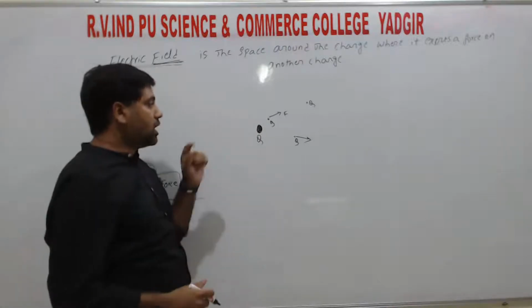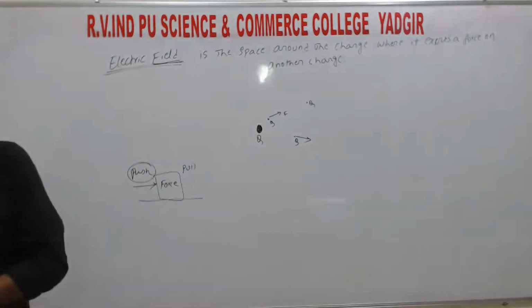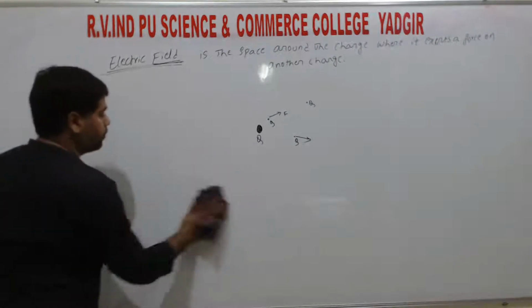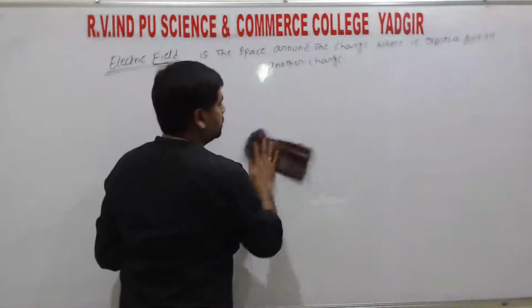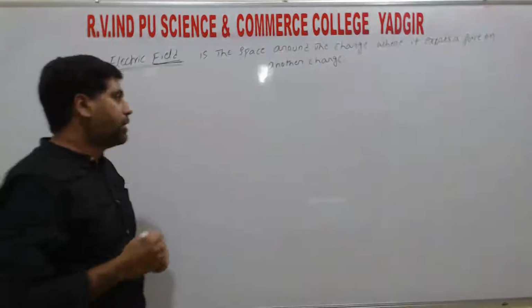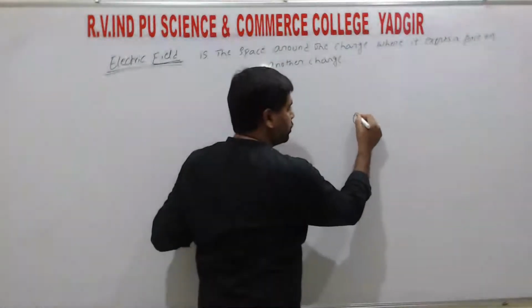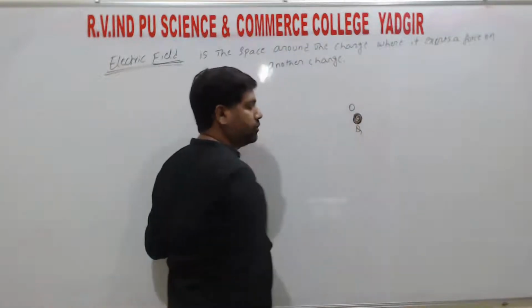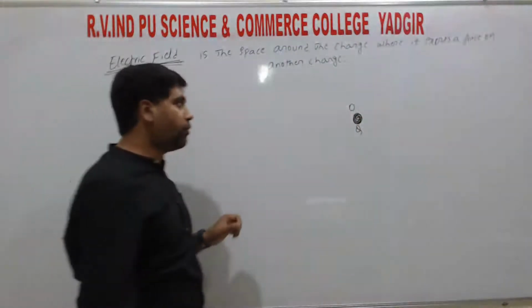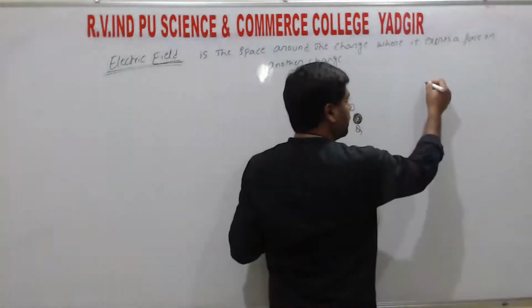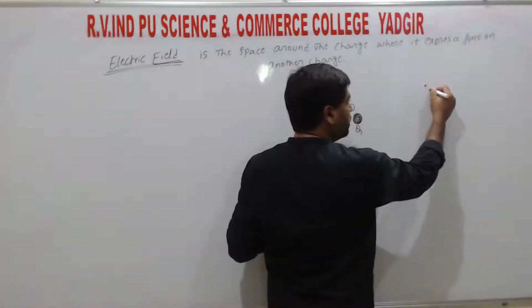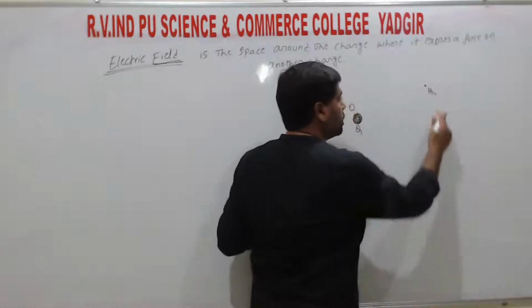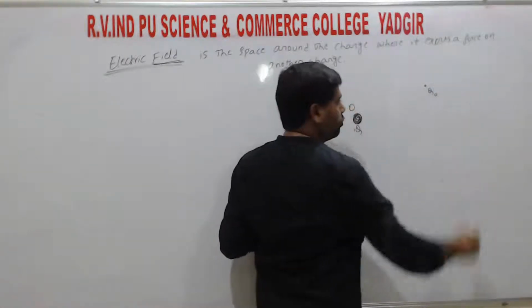Consider a charge Q placed at the origin. Now place one more charge somewhere here, taken as Q1 or Q0.